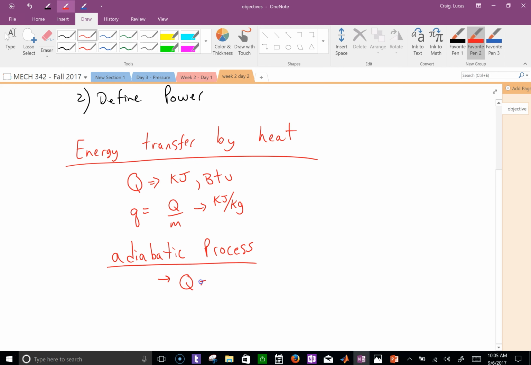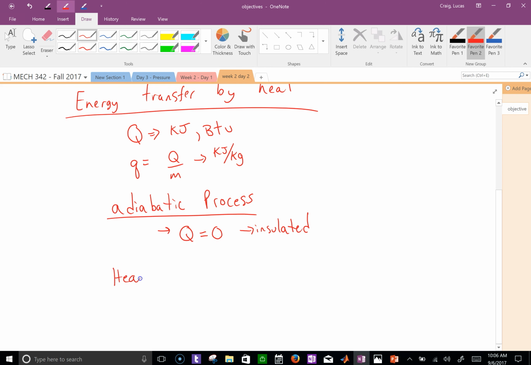So Q is 0. So it's an insulated system. So keywords in a problem would say an insulated container. Hence, Q is 0.